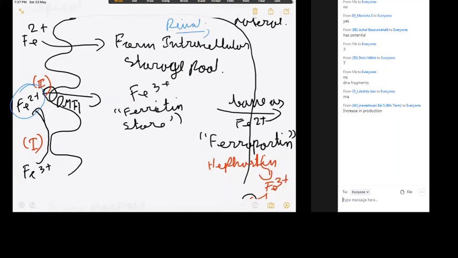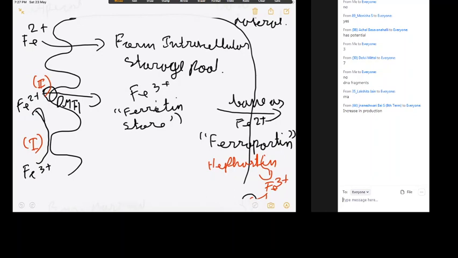Since this divalent ion is there, there is a receptor for it, called divalent metal transporter 1. Will it transport only Fe2+? No. Since the name only says divalent, it can transport any metal which has a divalent charge.